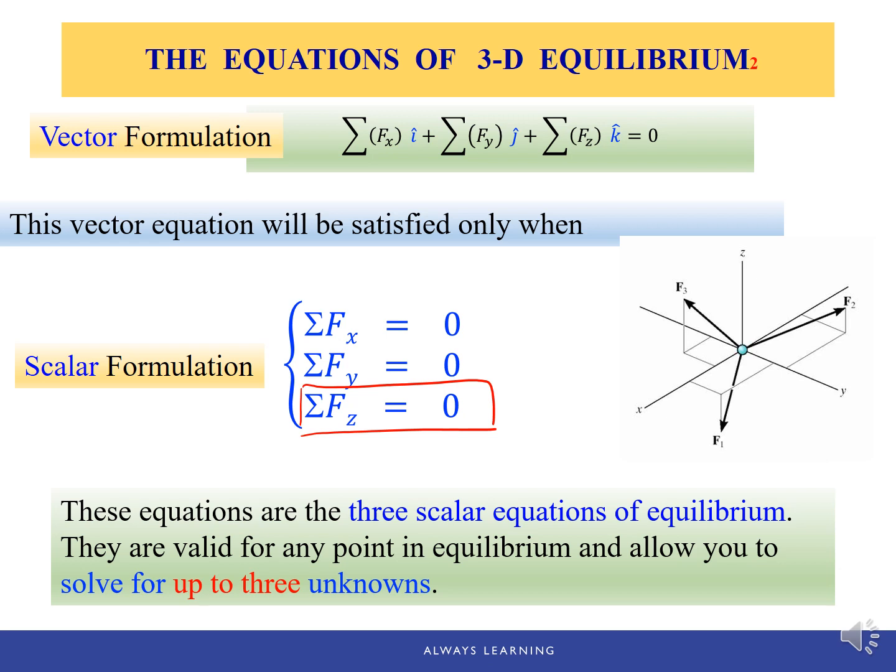But in 3D problems, we have one additional z component equation. So in 2D problems, we can solve up to two unknowns. Now in 3D problems, we can solve up to three unknowns with one free body diagram of a single particle.